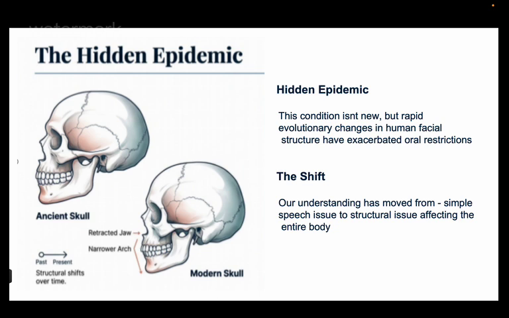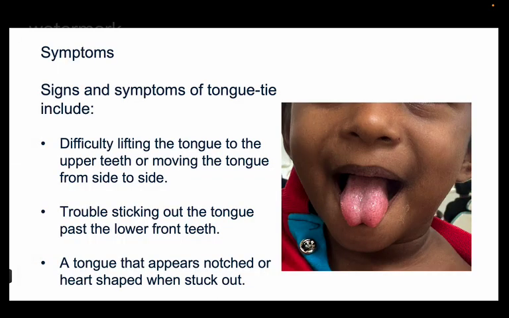As one picture shows, the ancient skull was having an advanced mandible, or a comparatively prognathic mandible, than the recent modern skulls, where the jaws are retracted and a narrower arch has been formed. So the structural shifts over time are thought to be the reason for this ankyloglossia.